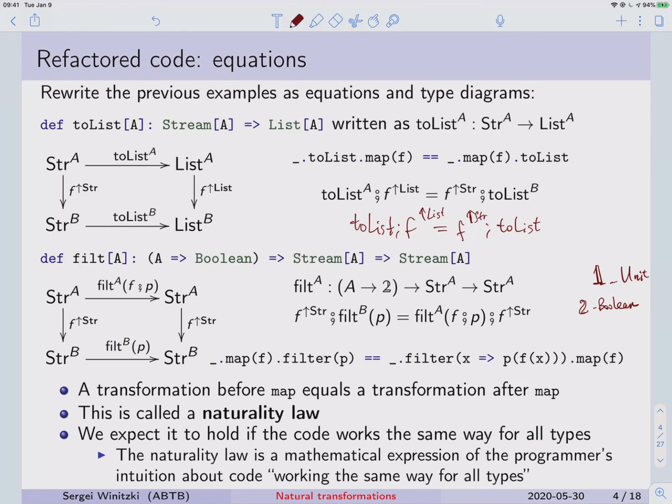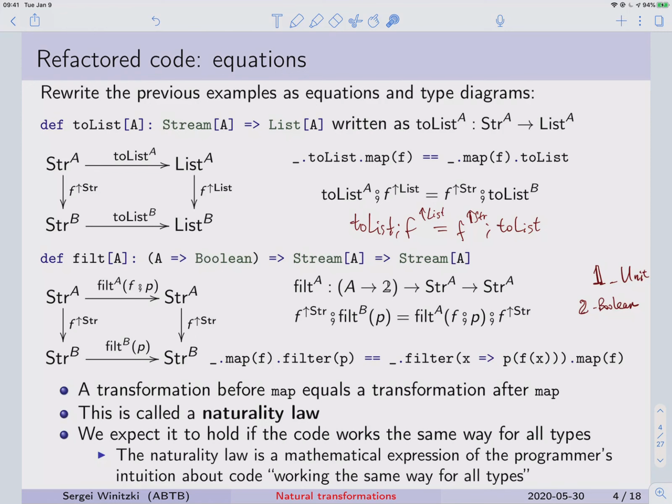So we can then write this equation, which says that if we do a map and then filter, it's the same as when we do first a filter and then a map, although we have to now change the predicate, because the predicate will have the wrong type if you don't change it. As an equation, you write like that.